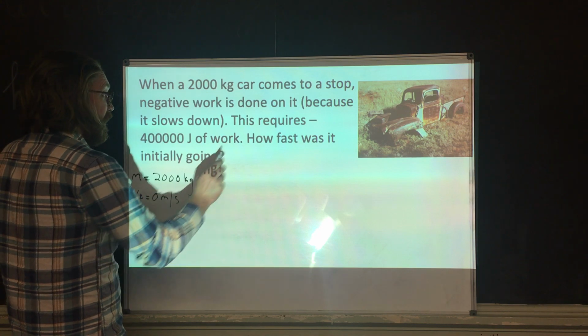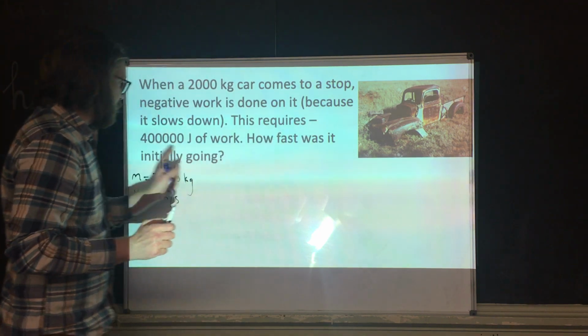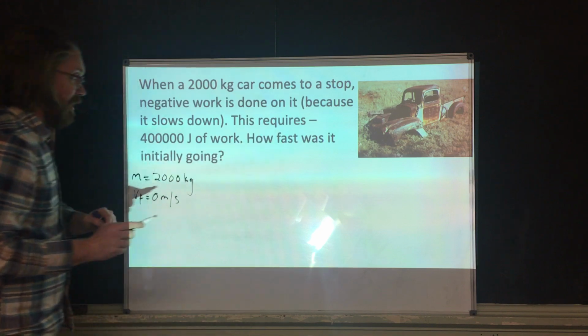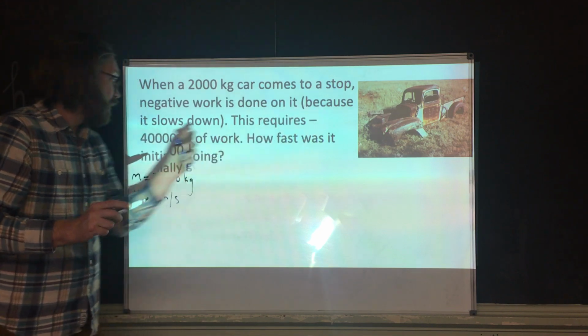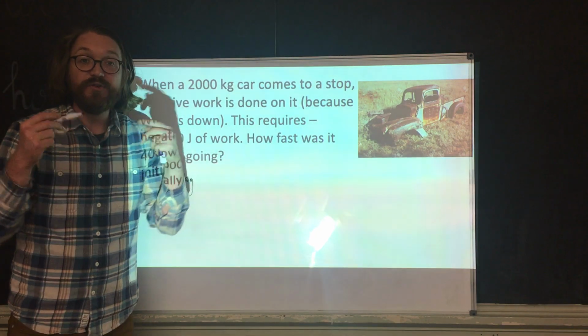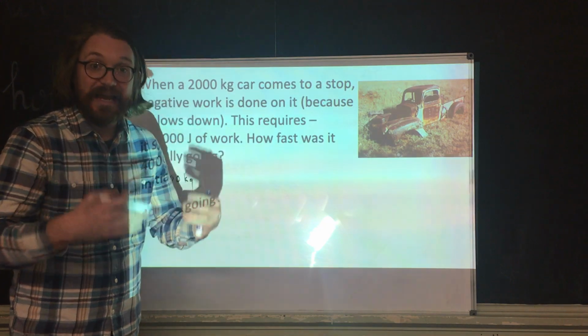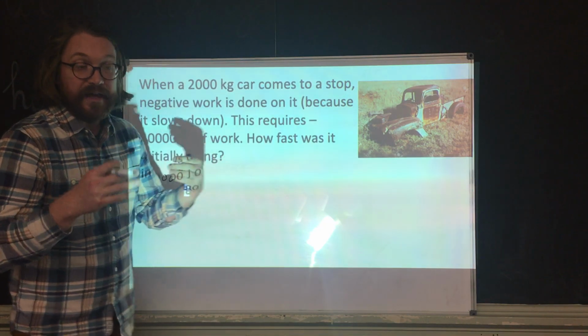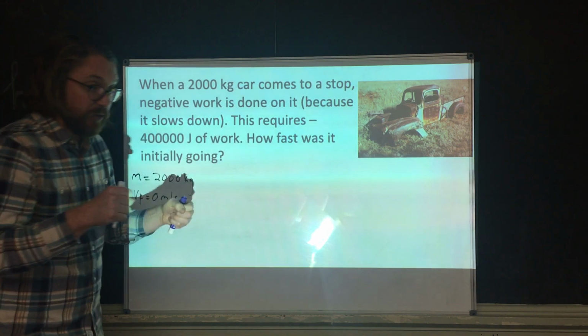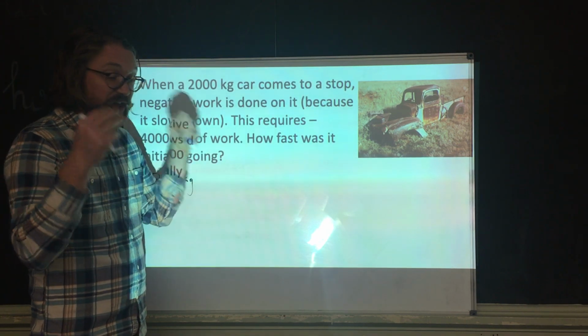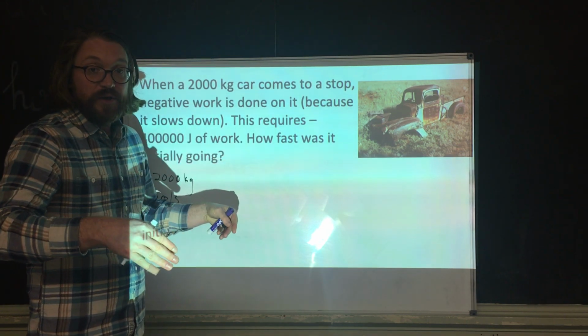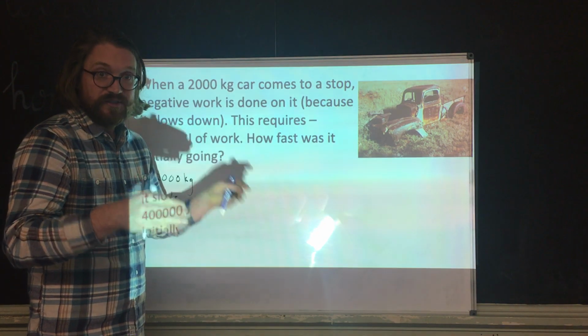This requires, and this symbol should be down here, a negative amount of work. Why is it negative? Because it slows down. If you slow down, you're doing negative work, right? Because when I'm driving and I slow down, I hit my brakes, my wheels stop, so now I have friction slowing me down.